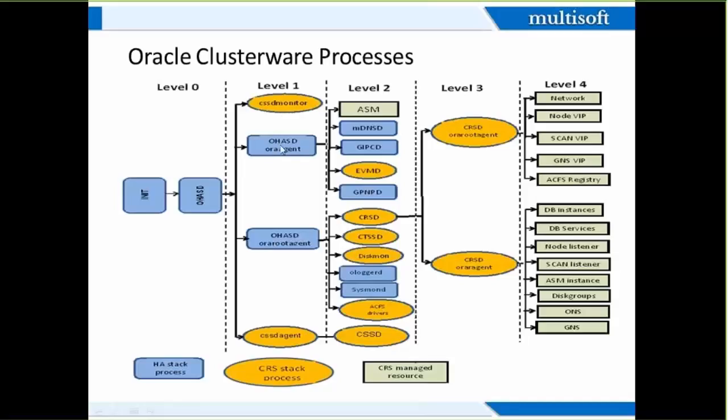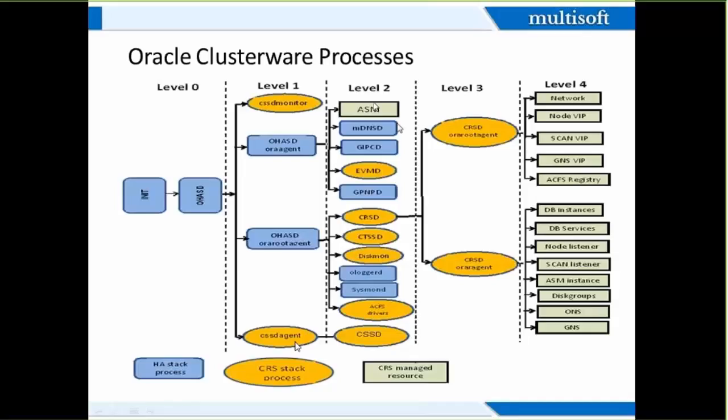OHASD oraagent will start 5 processes: ASM and MDNSD daemon, GIPCD daemon, EVMD event management daemon, and GPnP daemon. OHASD orarootagent will start 6 processes: CRSD, CTSSD (cluster time synchronization service daemon), diskmon, and ologgerd (cluster logger service), Sysmon, and the ACFS driver.